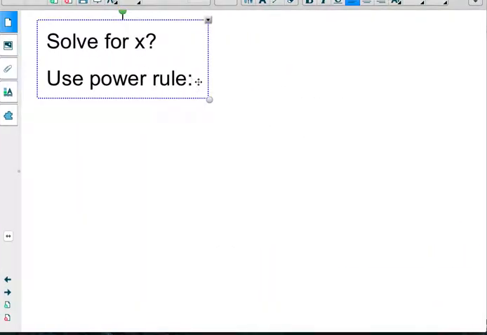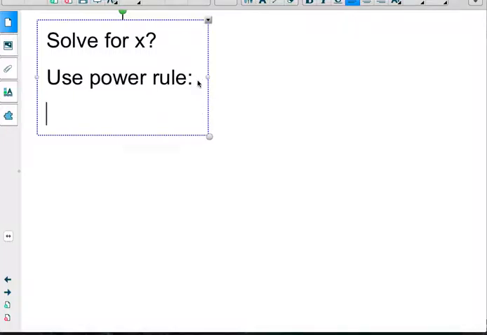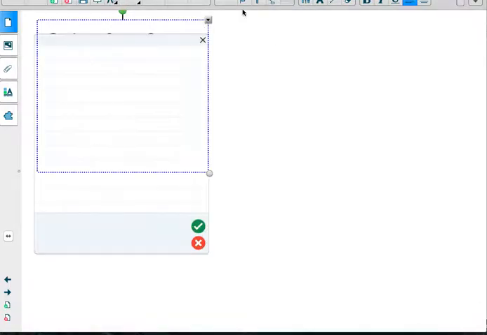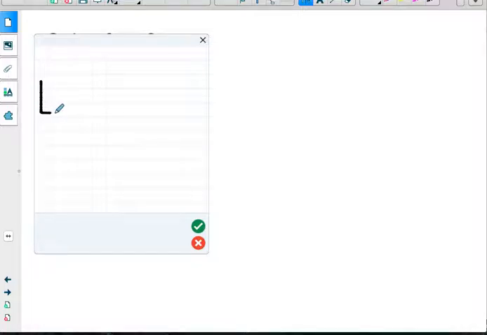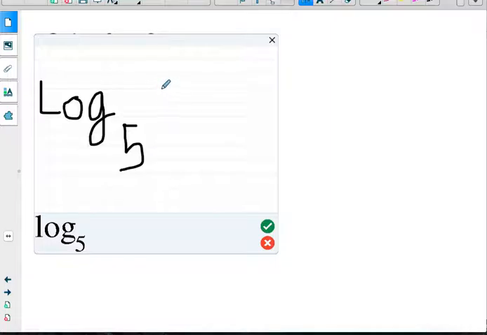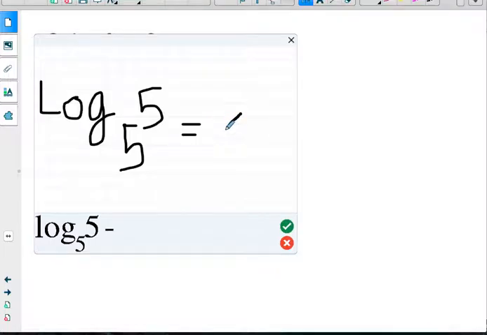First, let's start with this example. Log base 5 of 5 equals x.